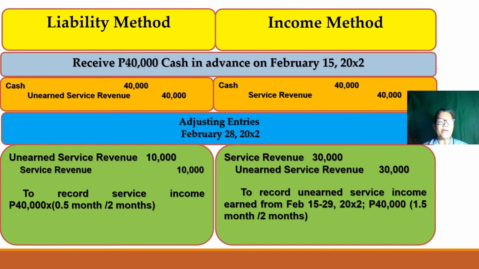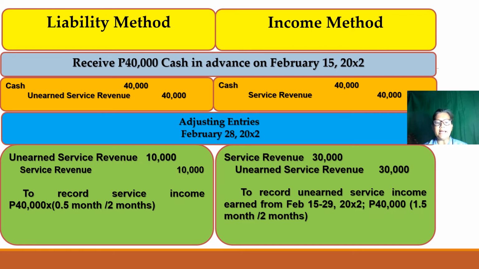So what is the effect? How much will be the unearned service revenue on February 28? The initial is 40,000 credit and another debit of 10,000. Therefore, the balance is 30,000. How about in the income method? The service revenue was credited upon receipt of cash.